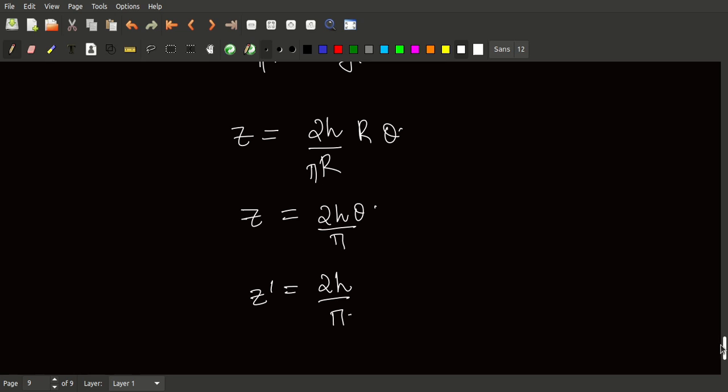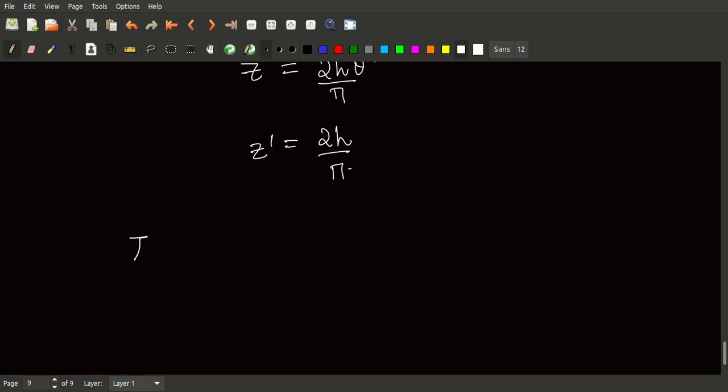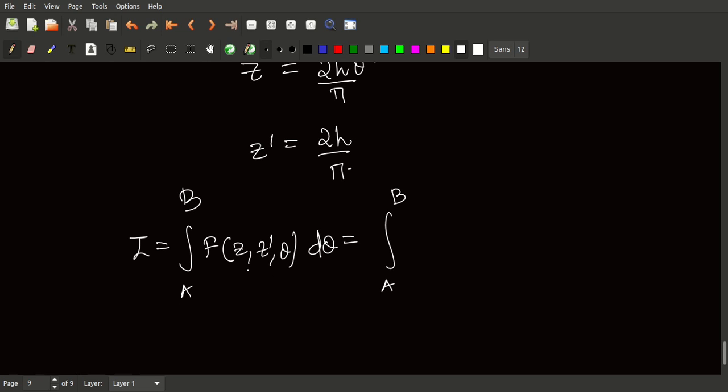Now substitute this into our integral, that is the integral of f(z, z dash, theta) d theta from A to B. So what was this function? We had the integral of d theta into under root of R squared plus z dash squared. Now z dash you have equal to 2h upon pi.